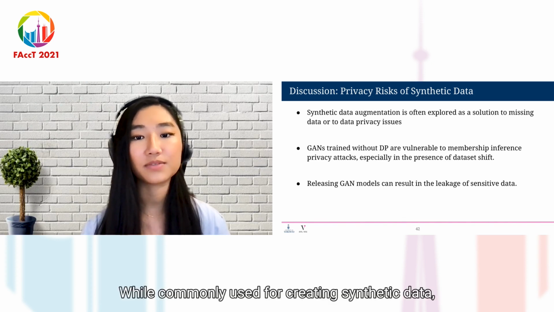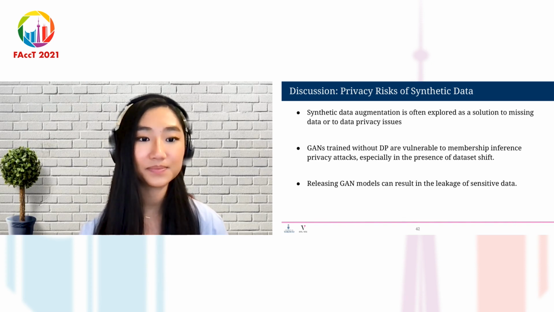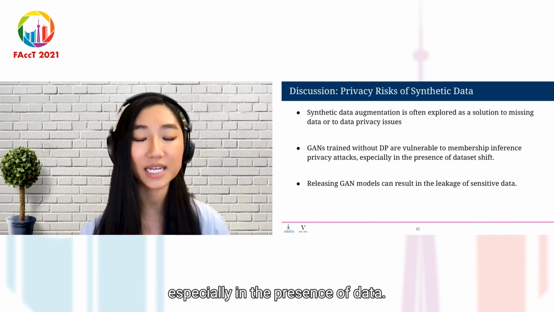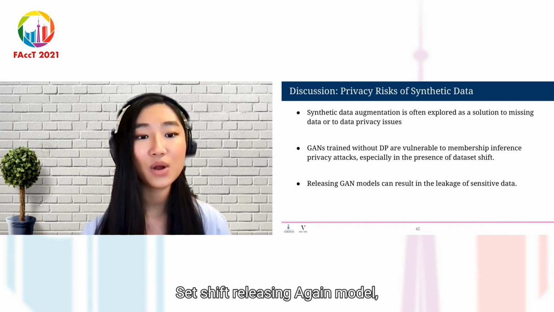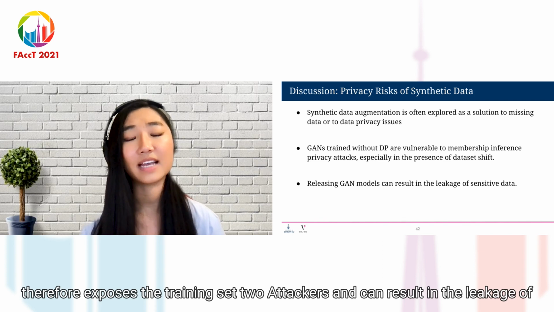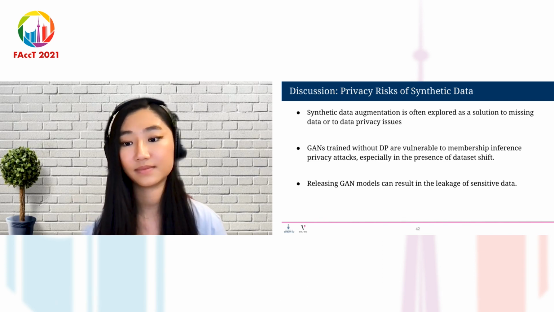While commonly used for creating synthetic data, generative models do not guarantee privacy by design. We have shown that GANs trained without DP are vulnerable to membership inference attacks, especially in the presence of dataset shift. Releasing a GAN model therefore exposes the training set to attackers and can result in the leakage of sensitive data.